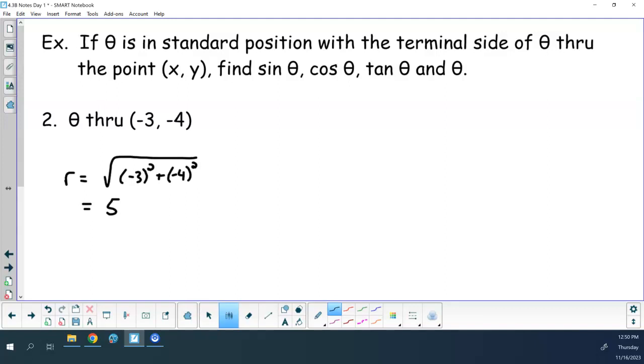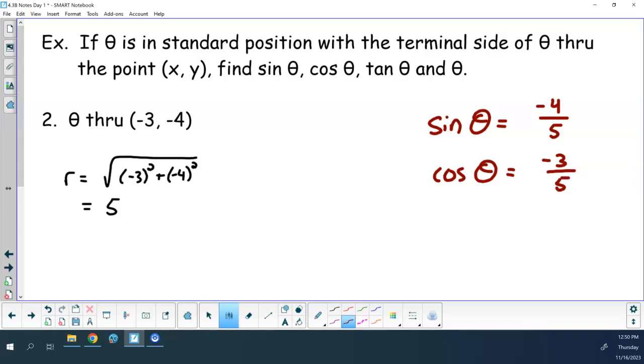So the sine of my actual theta is the y value, -4 over 5. The cosine of my actual theta is the x value, -3 over 5. And the tangent of my actual theta is +4/3, because it's -4 divided by -3, which reduces to positive.